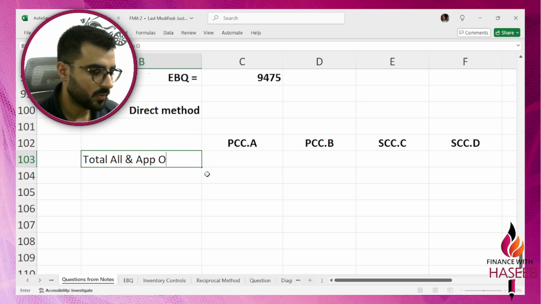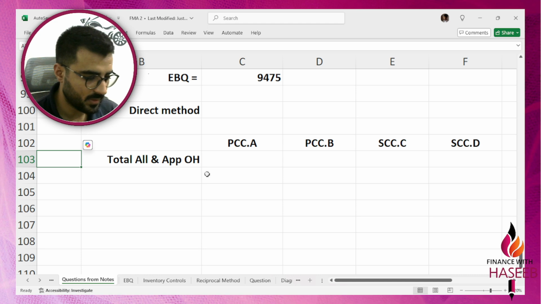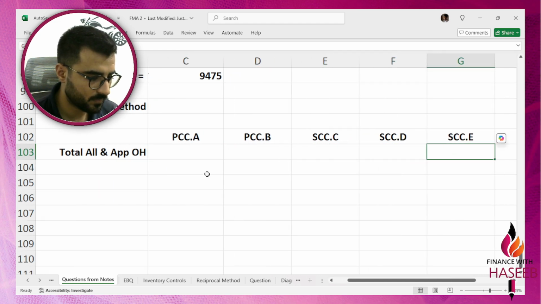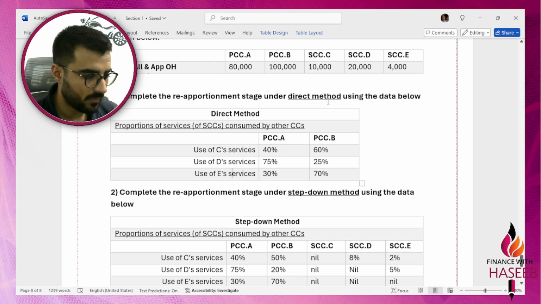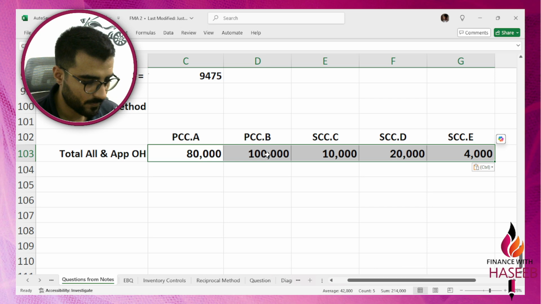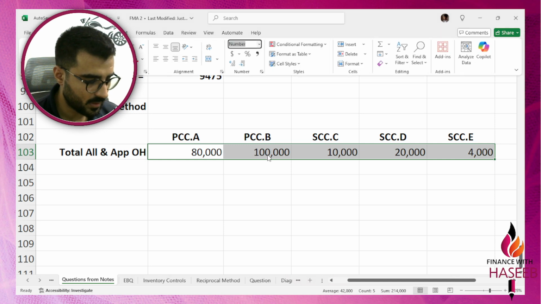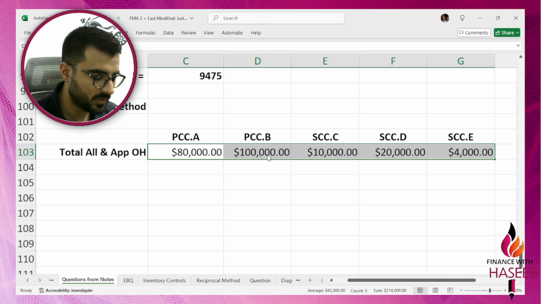Let's zoom out a bit. We can just copy these figures, and let's convert them into currency. So these are the figures from the previous stages.